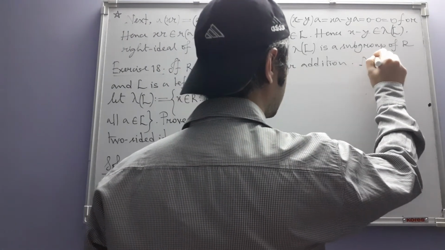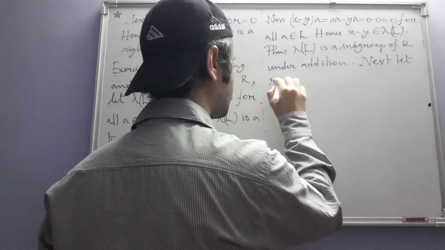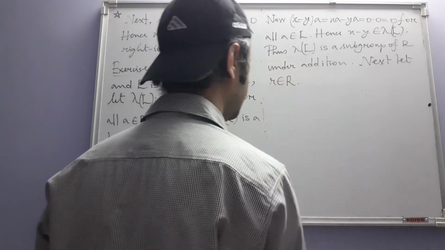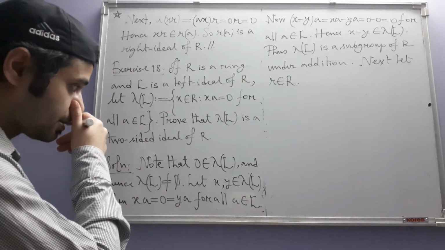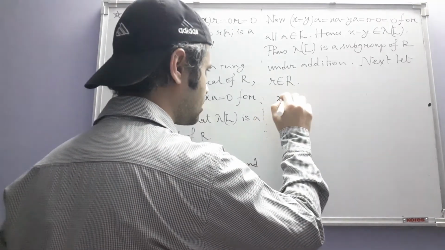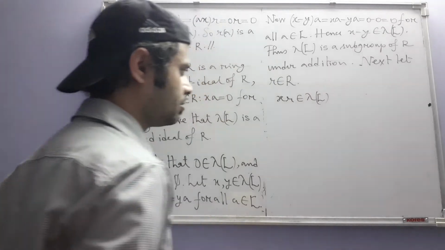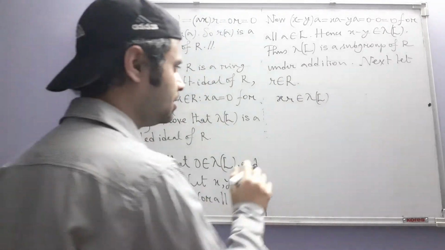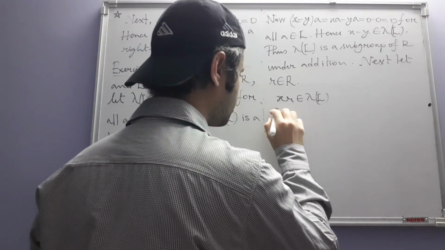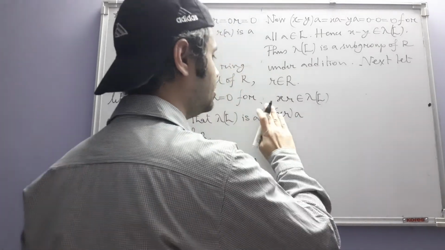Next, let r be any element in R. Suppose we are trying to show that xr belongs to lambda L. For that, what do we need? We need to show that xra, okay, this will be the difficult one.